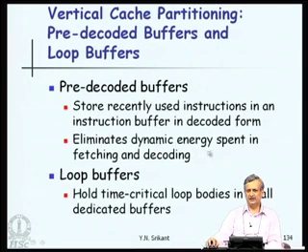This eliminates the dynamic energy spent in fetching and decoding. So, if the same instructions are used again and again, these pre-decoded buffers are very useful, they save energy. Loop buffers hold time critical loop bodies in dedicated buffers. Thereby this eliminates the need to fetch them from memory and so on and so forth.